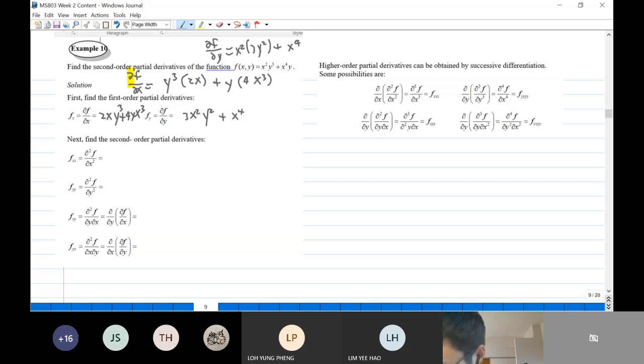Now I differentiate with respect to x another time. So 2y cubed, you have 2y cubed here, plus 4y times 3x squared. So you get 2y cubed plus 12 x squared y.